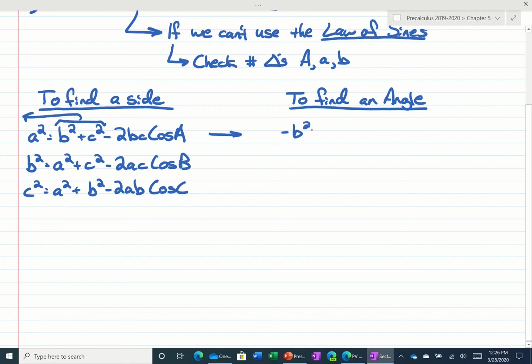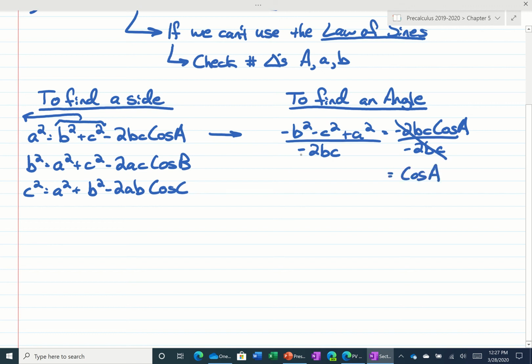So that would be negative b squared minus c squared plus a squared, is equal to negative 2bc cosine of angle A. And if we want to get the cosine of angle A by itself, we could divide by negative 2bc. That gives us the cosine of A is equal to, well, we could cancel out these negatives, just multiply top and bottom by negative 1, and we get b squared plus c squared minus a squared over 2bc. So that's where the formula comes from.